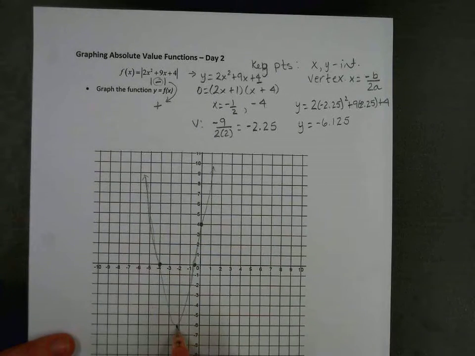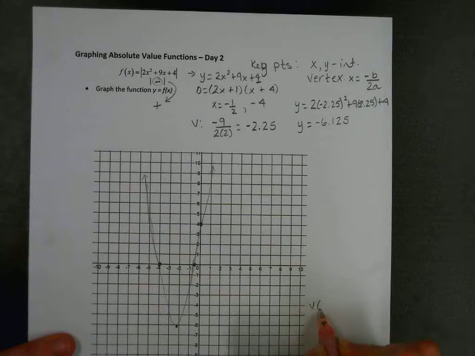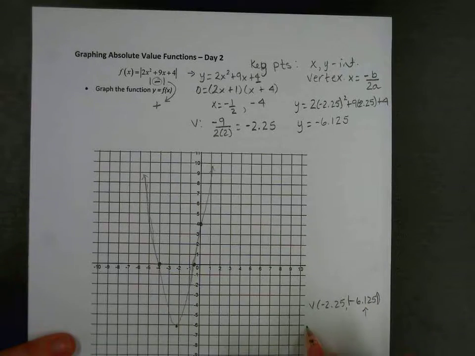My vertex that was at -2.25, -6.125 is now, when I take the absolute value, going to be -2.25 and a positive 6.125.